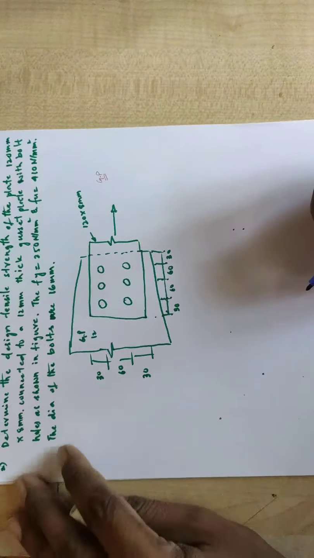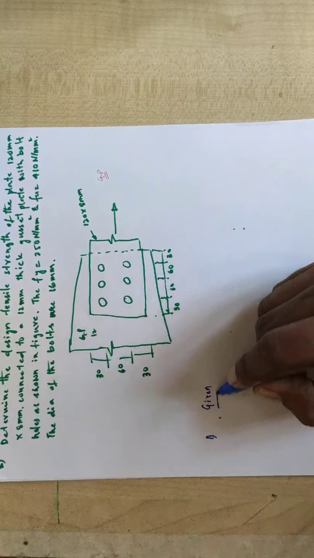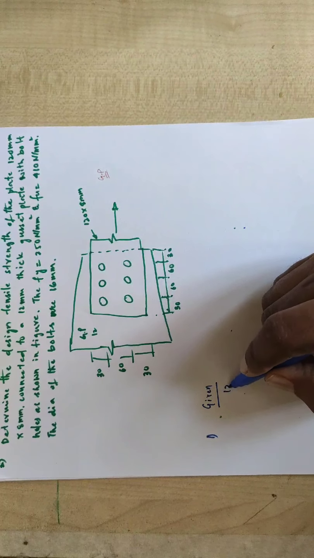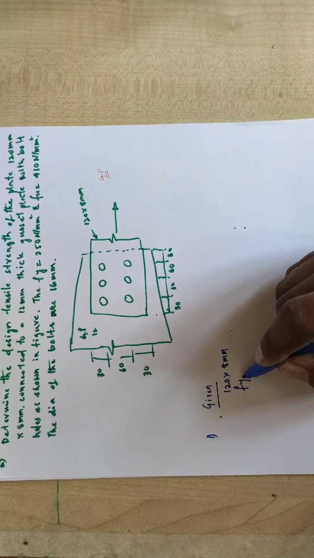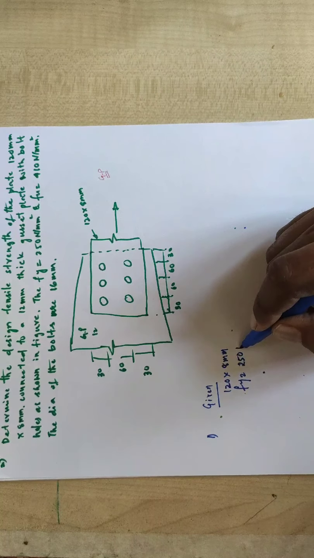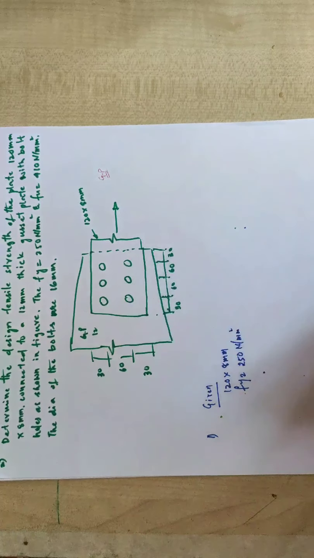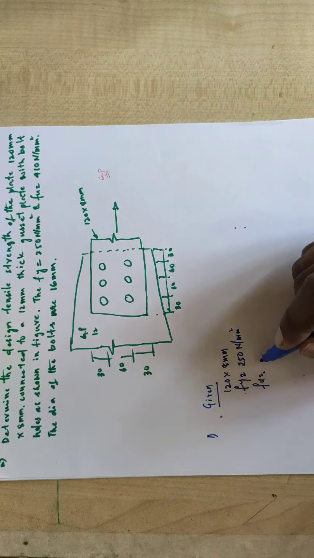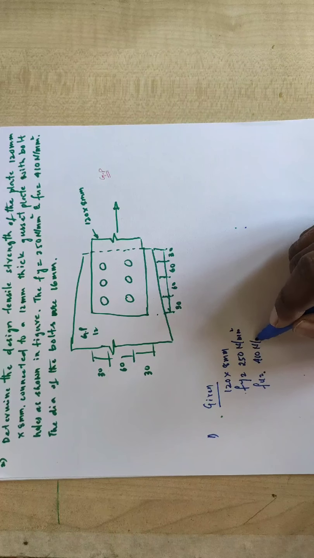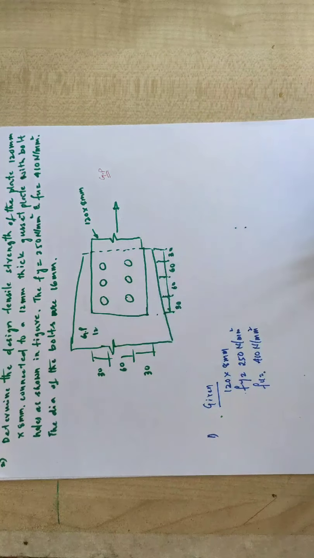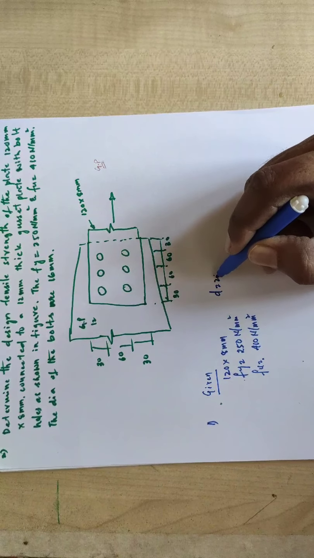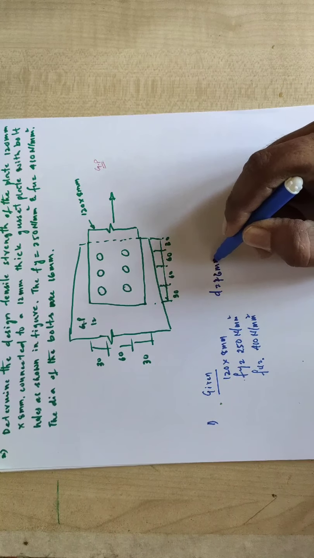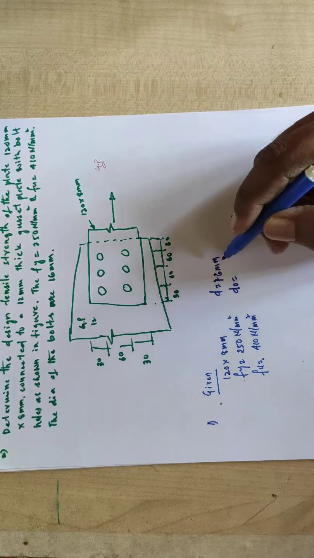What is given here? When you refer to the diagram, the plate size is given as 120 into 8 mm. Fy is given as 250 Newton per mm square, Fu is also given as 410 Newton per mm square, and the bolt size is 16 mm, so the hole size d0 is equal to 18 mm.